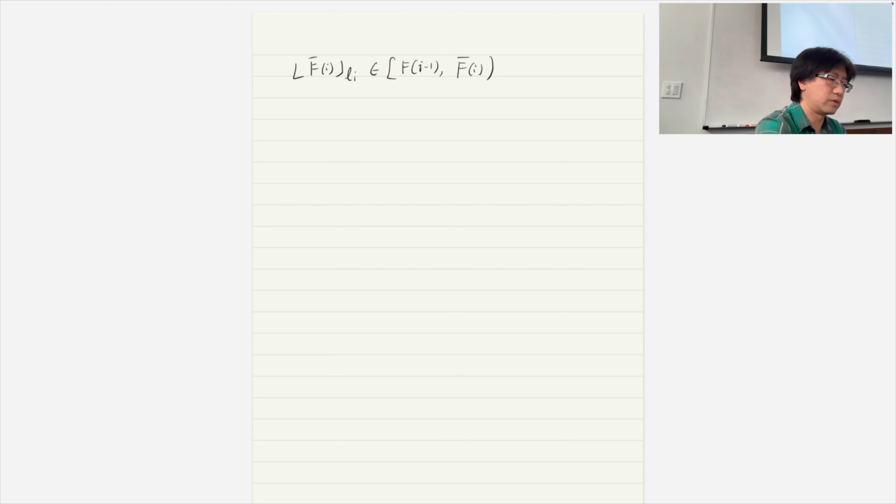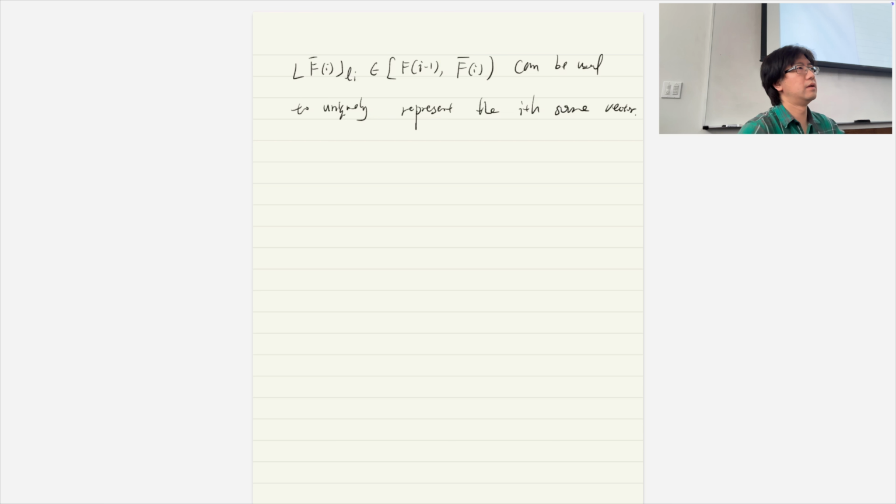And this can be used to uniquely represent the source vector. All right, very good. Okay, I have 10 minutes, then let's show the following theorem.